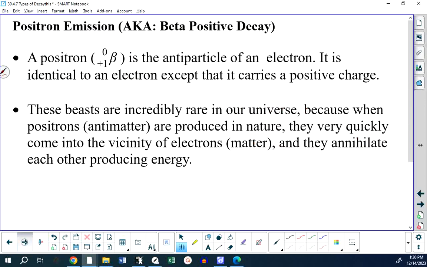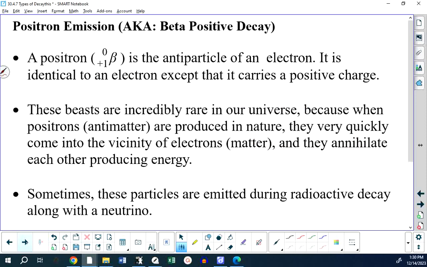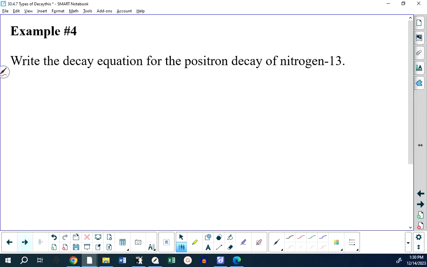However, during positron decay, antimatter is created. So these particles are emitted during radioactive decay, and listen carefully, when an electron is emitted, when a beta particle is emitted, you get an anti-neutrino, then you can remember now that when a positron is emitted, you get a neutrino. Right? So write the decay equation for the positron decay of nitrogen-13.